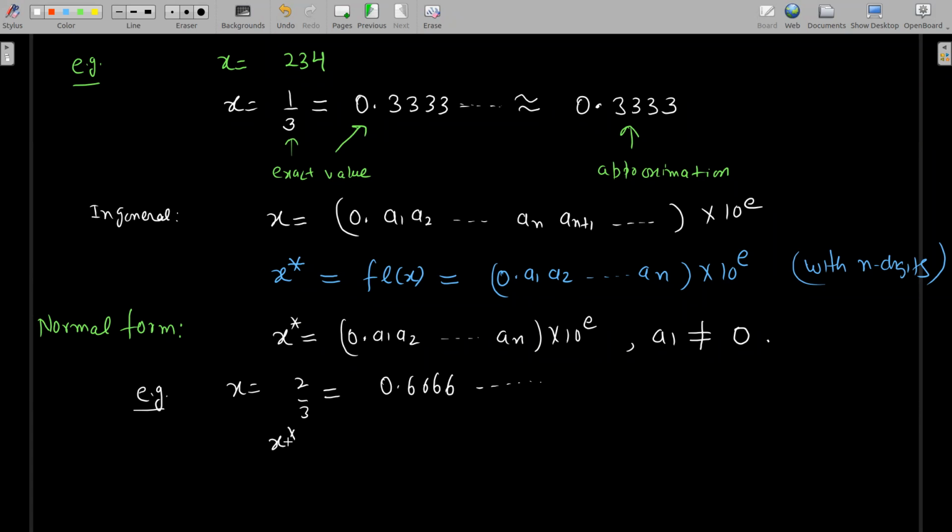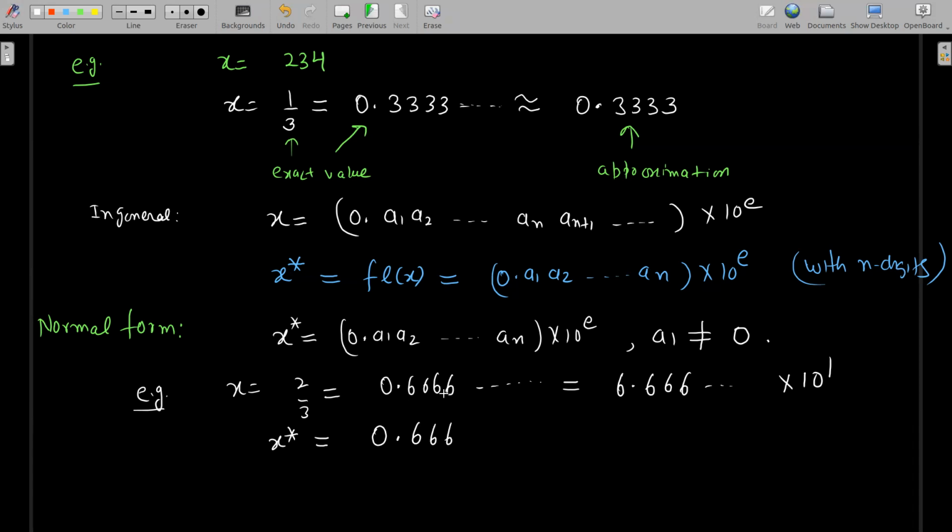And what will be the normal form? अब कोई कहे कि मैं ये लिखना है, you can write it. But this is not normal form. What is normal form? You write the number 0.666. So it's already in normal form here.